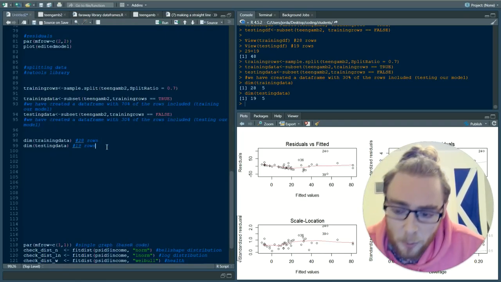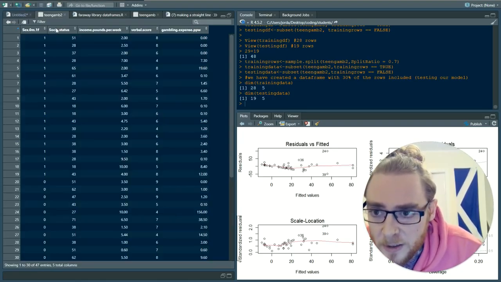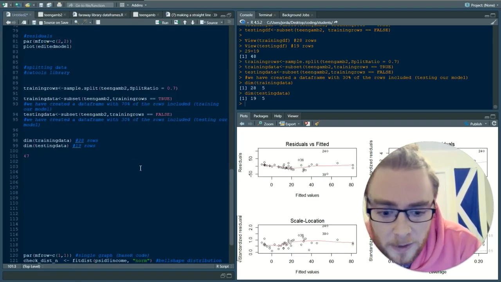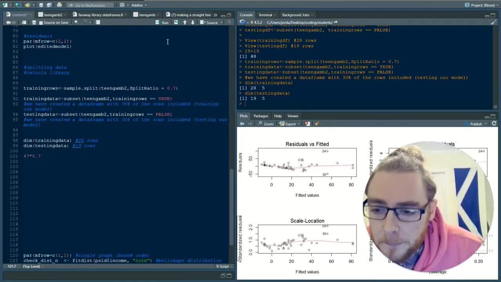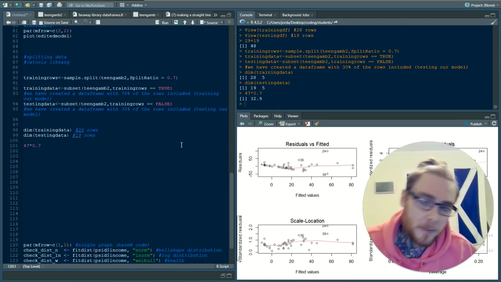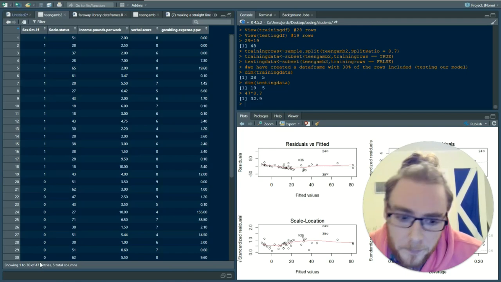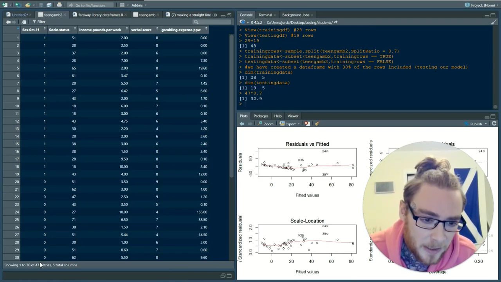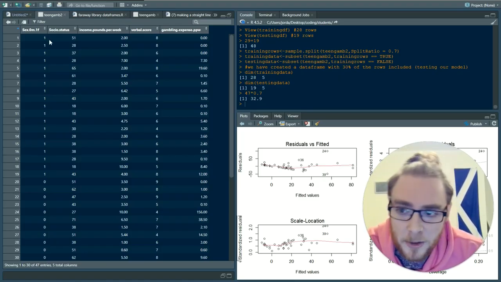In terms of whether the split worked, the easiest way to check that would be to take that number of rows, which is 47, shown here, and do a quick calculation and use it like a calculator. Alright, so it's a little bit off, but that's probably because the number of rows in the original can't easily be divided by 0.7, or multiplied by 0.7, or turned into a 70%, 30% ratio.